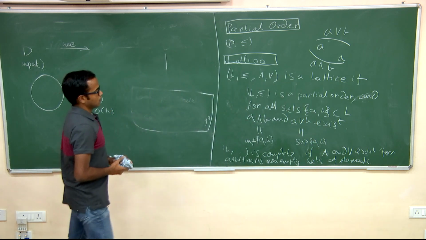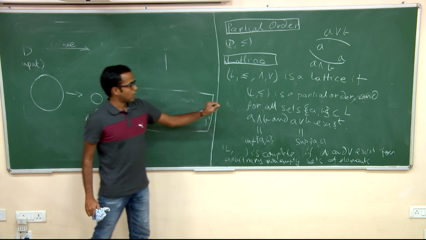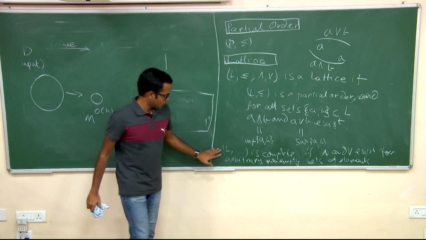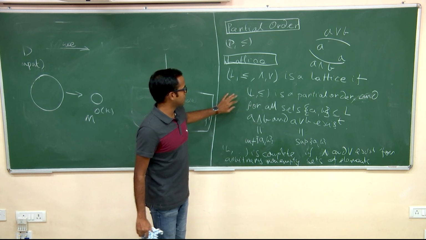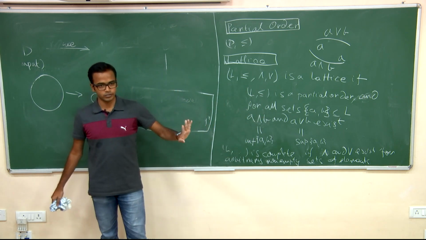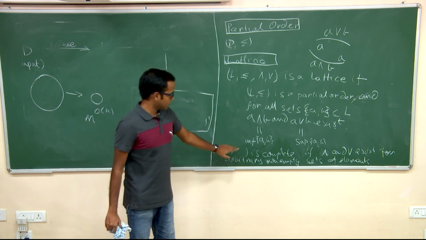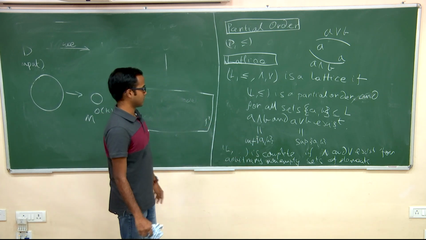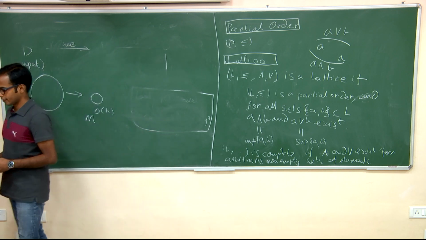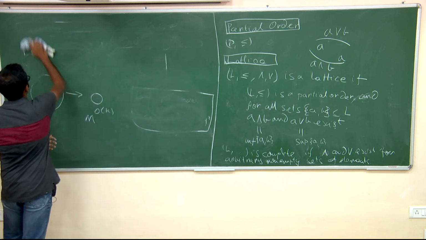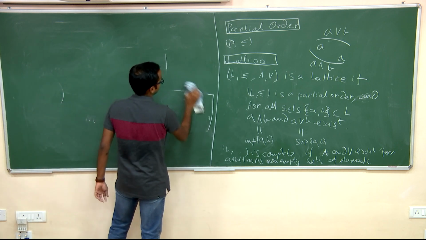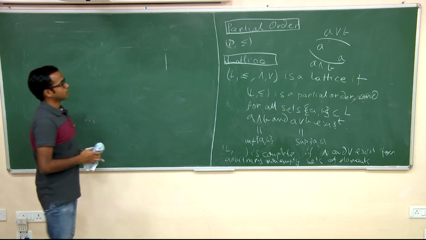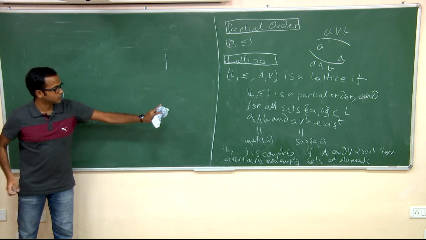Over here the sets have exactly two elements, and in a complete lattice, when the sets are of arbitrary but non-zero size, the meet and the join must exist. That's a complete lattice. So we've gone from partial orders to lattices.